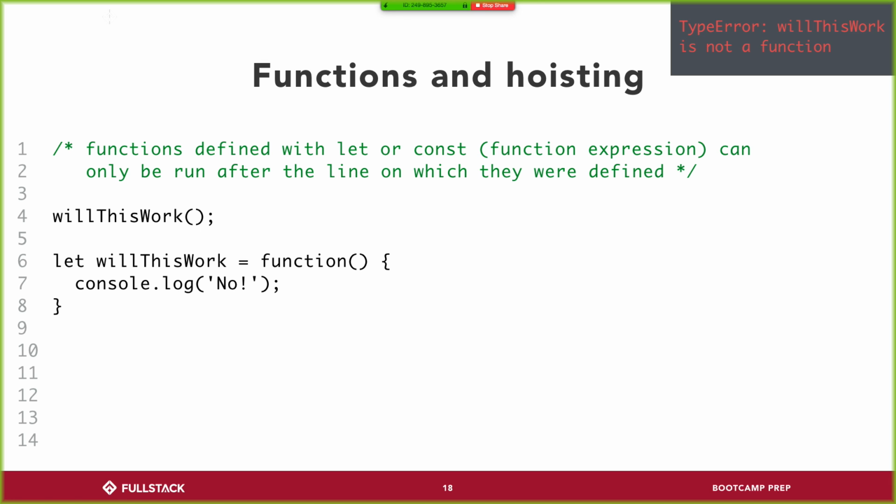If we did var, it would still say it's not a function, because with var the declaration is hoisted, but not the assignment. The assignment happens where it looks like it should, on line 6. So even if this was var, it still wouldn't be able to be invoked, because the assignment that makes it a function doesn't happen until line 6.